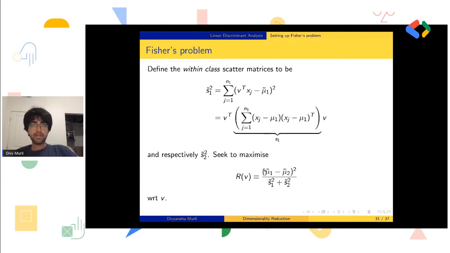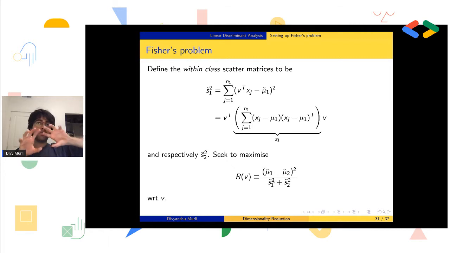The numerator is just the means themselves. So we want these to be as far apart as possible, and we want to divide out the variation within each class.